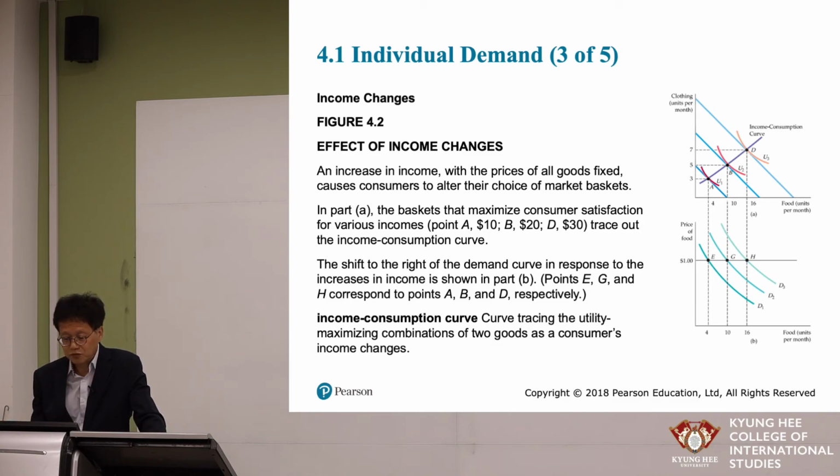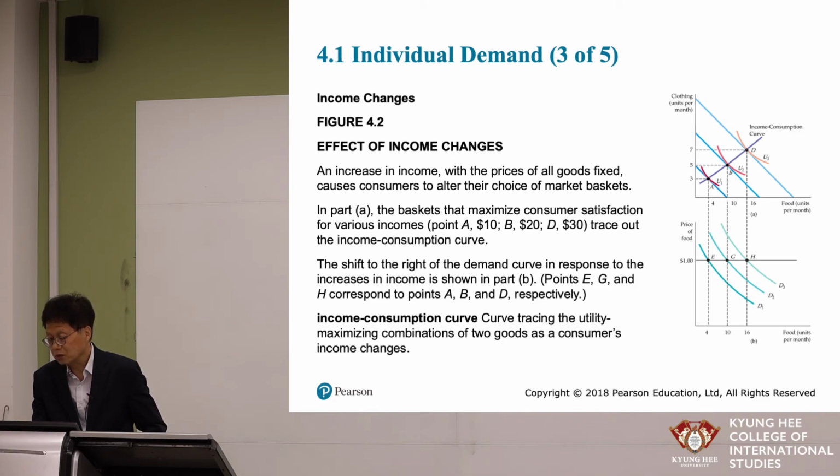With the price of all goods fixed, an income change causes consumers to alter their choice of market baskets. In part A, these are the baskets that maximize consumer satisfaction for various incomes. Originally, with the budget constraint here, consumers solve the utility maximization problem to find the optimal consumption bundle of two goods. That happened at point A, and the individual consumer's utility level should be U1. Okay? Now, this individual's income increases, then the budget constraint shifts to the right, like that.